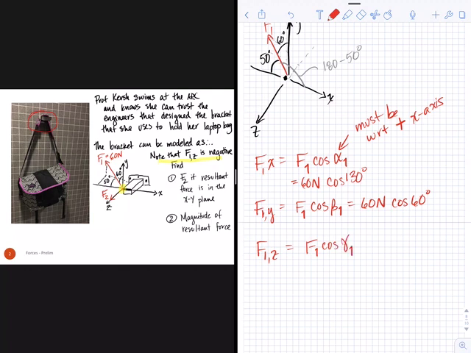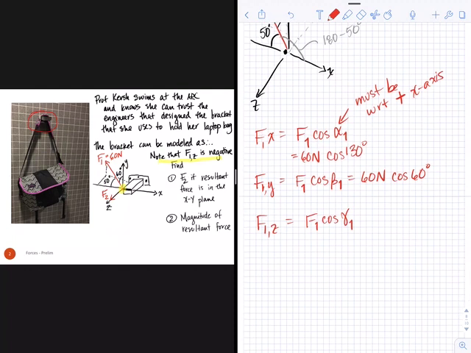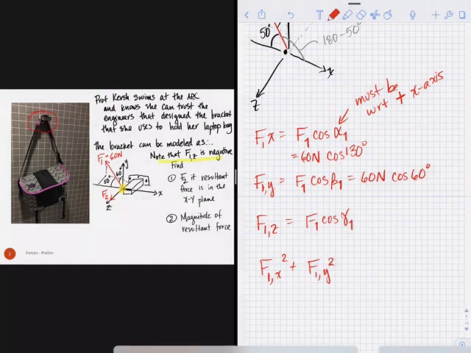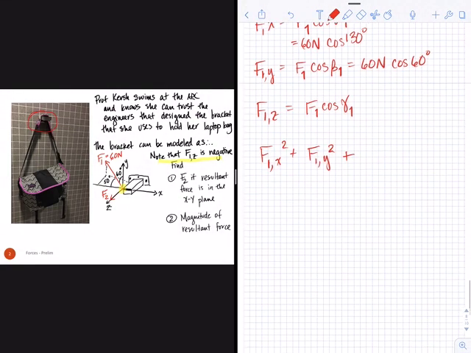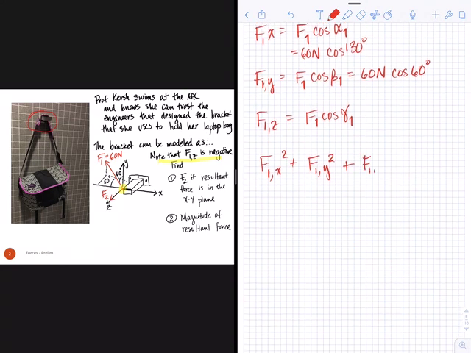And that's the one that we don't know with respect to the z, right? But we know the resultant force, right? We know that F1x squared plus F1y squared plus F1z squared must be equal to 60 newtons squared.